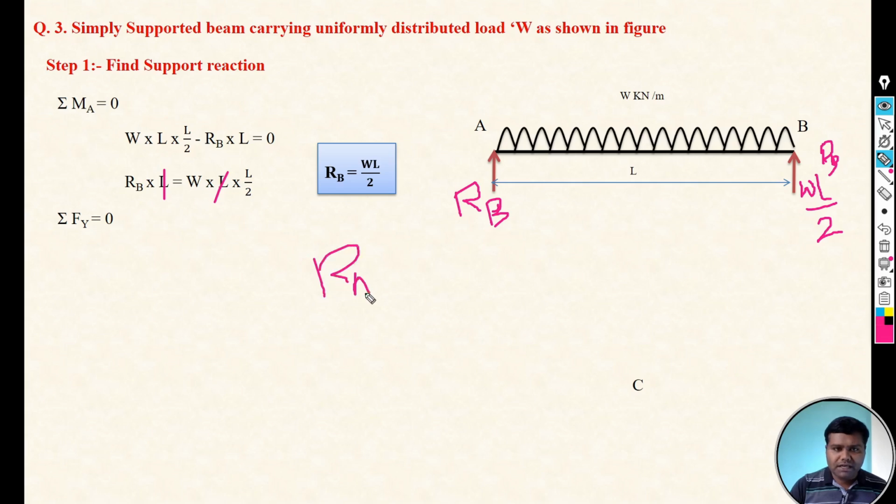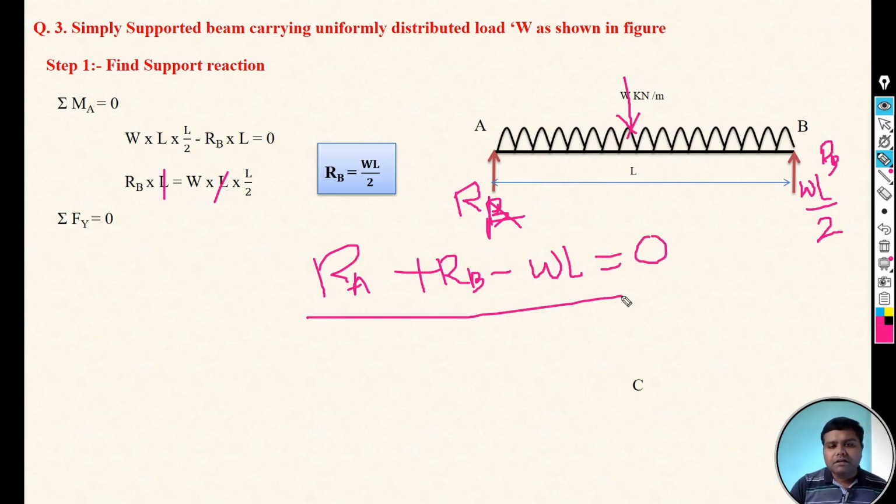So it is Ra plus RB minus W into L equals 0. That will be the summation Fy equation for the simply supported beam carrying UDL on the entire span.